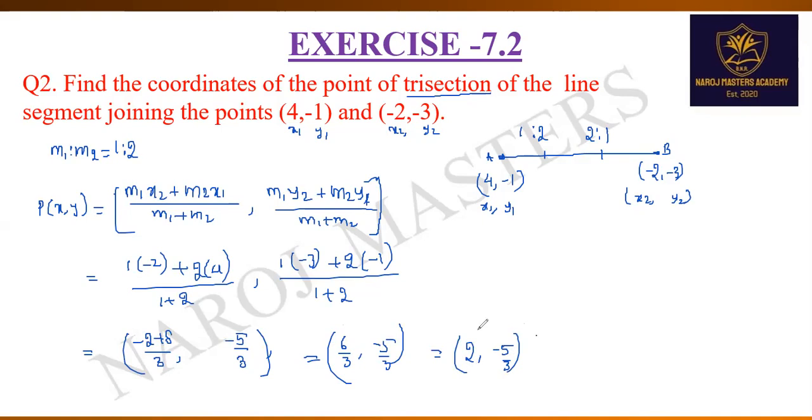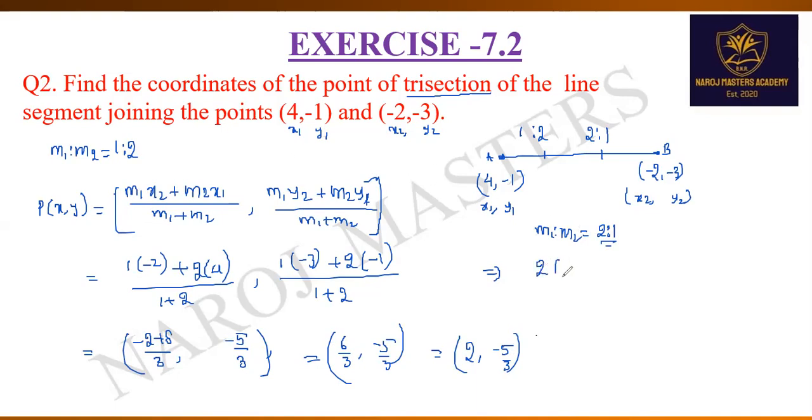If you take the 2 is to 1 ratio, then m1 is to m2 is equal to 2 is to 1, then the same formula. This is again m1 is 2 here.